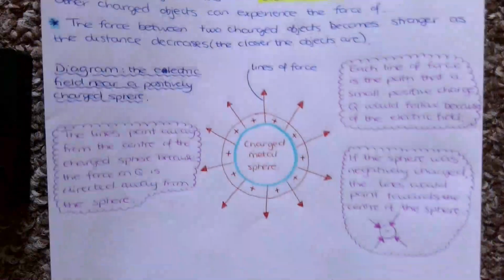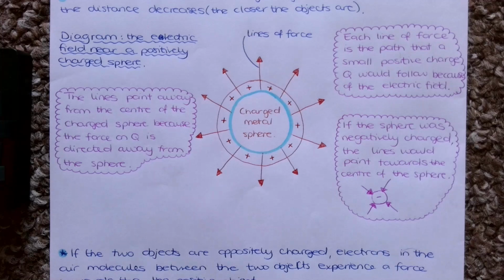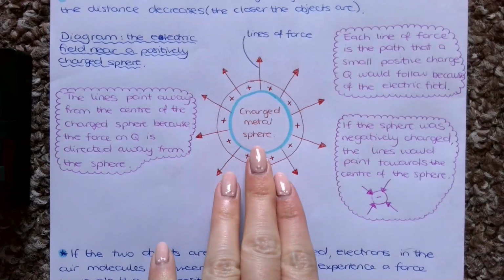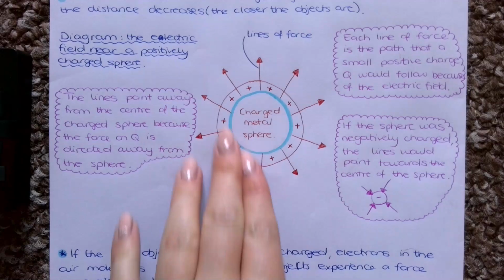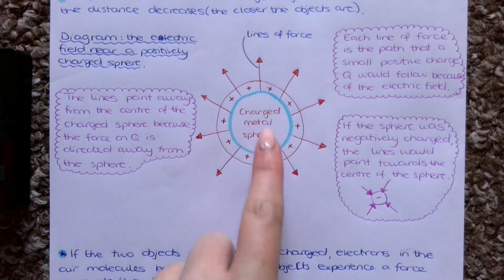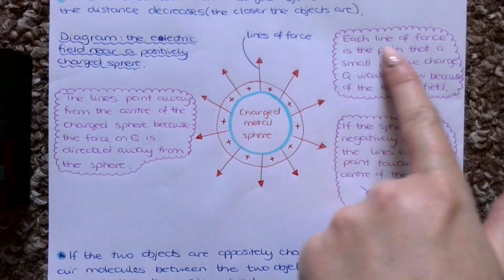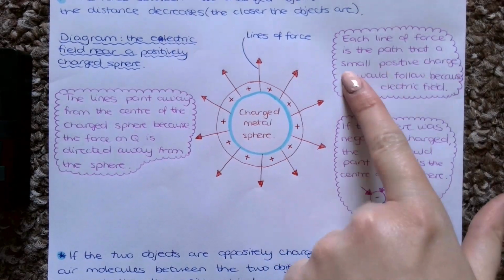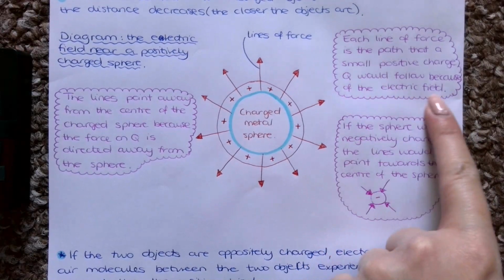So if we have a look at a diagram I've got here, this is looking at what the force lines will look like on a charged object. If I've got a charged object here, this is positively charged, just for the base of this example, and these lines are the direction that the force is going in. So each line of force is a path that a small positive charge called Q would follow because of the electric field.